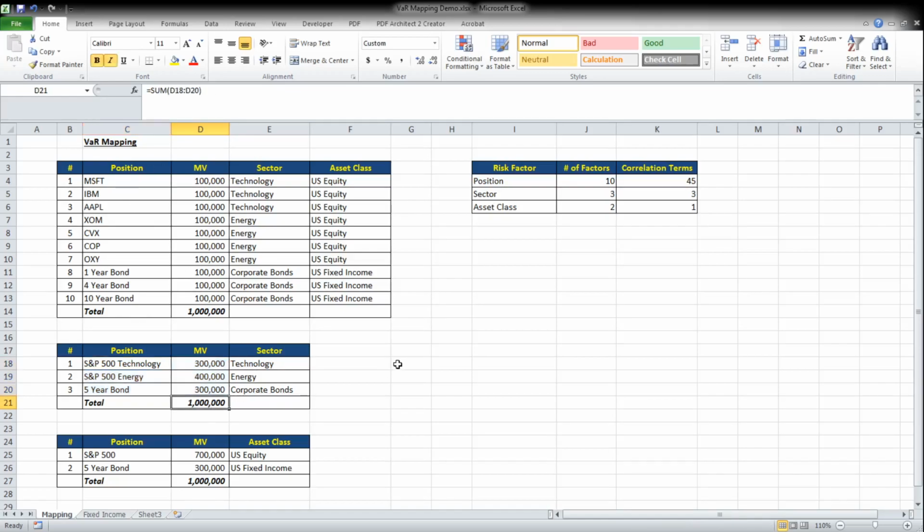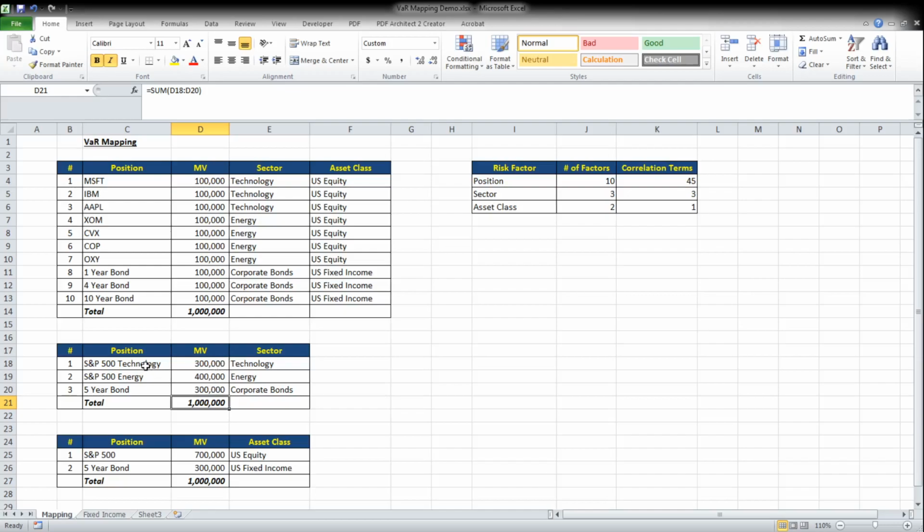And please note that the total market value of the mapped portfolio must match the total market value of the original portfolio. For risk purposes, the VaR mapping process requires that market values are mapped directly. So this portfolio now has only three components.